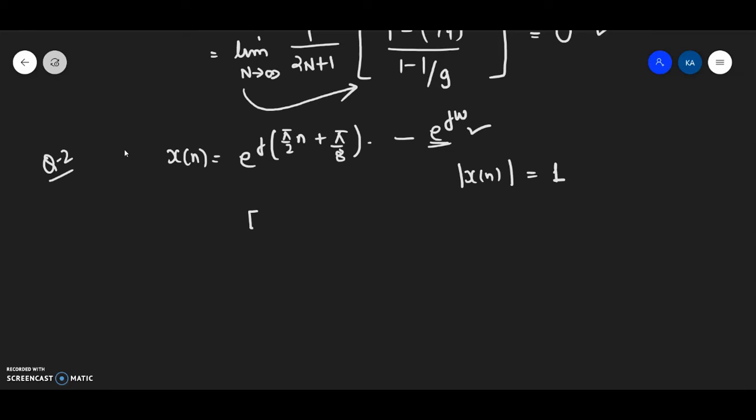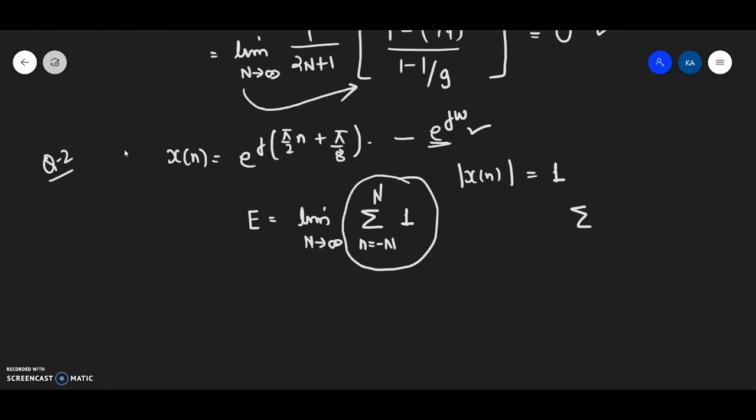So while finding the energy, I can directly say this is limit n tending to infinity, and n running from minus n to n. This mod is obviously 1. Fine. Now see, this mod is 1, and here I'll be using the sum from n1 to n2 of 1, so this is n2 minus n1 plus 1.